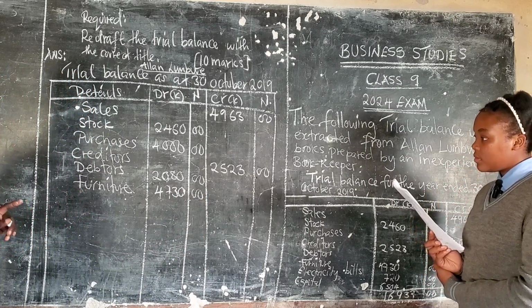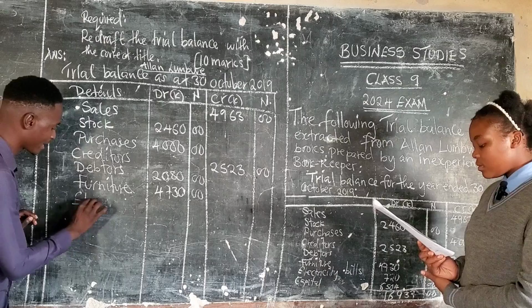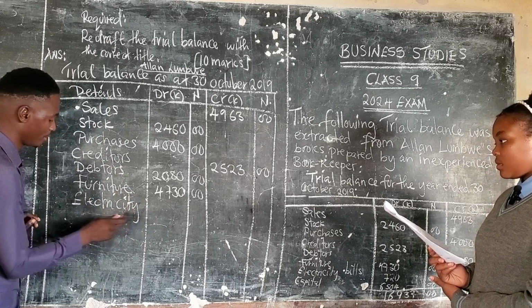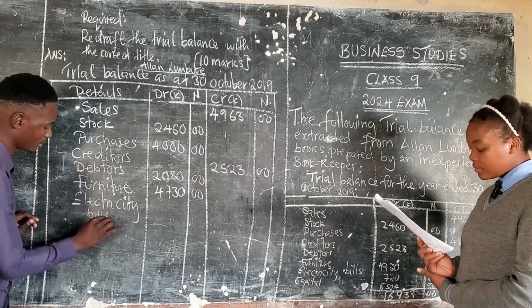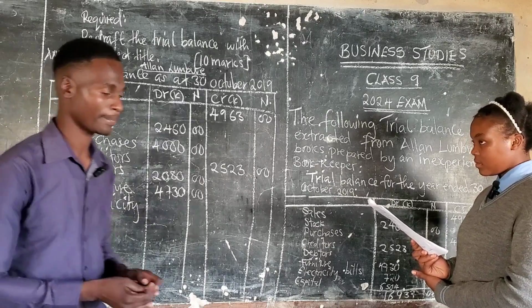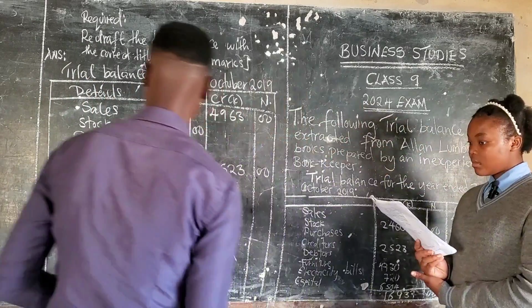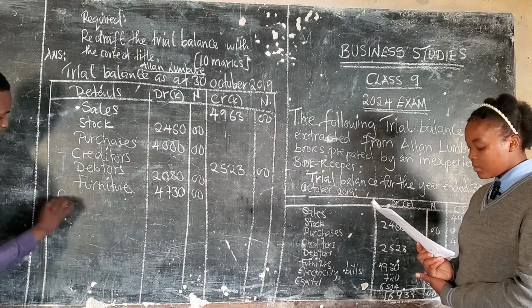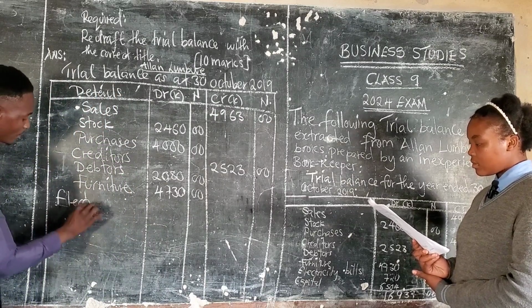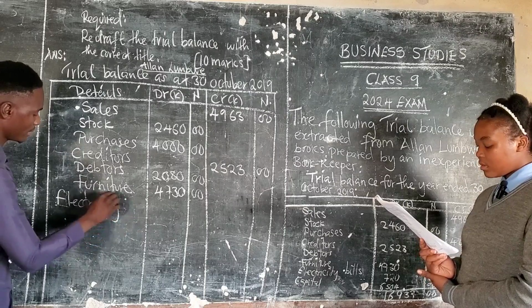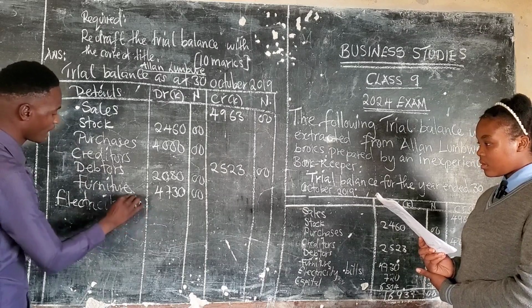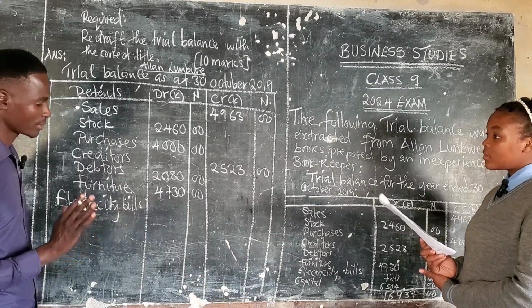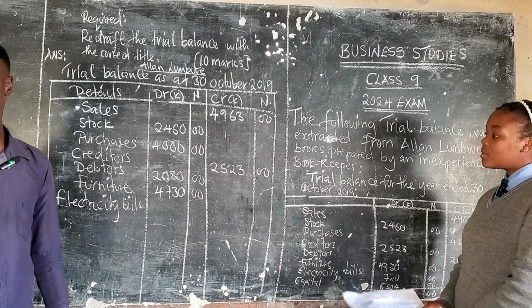Next, electricity bills. How much? 720. These are expenses.